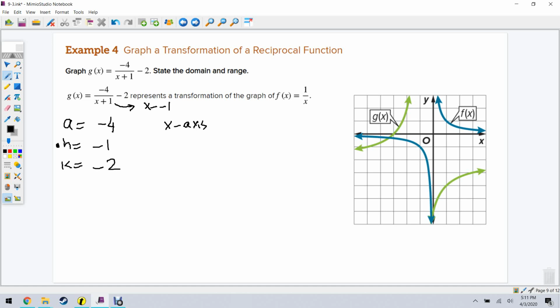And the h is -1. It says the graph is shifted 1 unit left, because h is negative. Or if you have a positive sign here, you can directly say it is shifted 1 unit left. And k is -2, which makes it 2 units down.